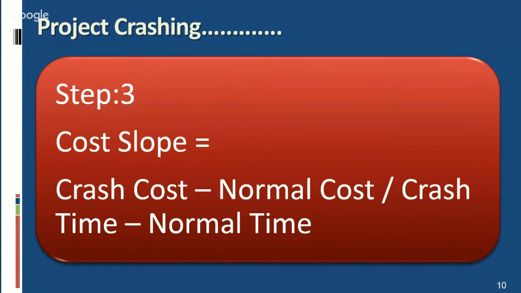The values of cost slope for critical activities indicate the direct extra cost. It is important to note direct extra cost required to incur on an activity per unit of time. This helps in ranking the activities in ascending order of importance.